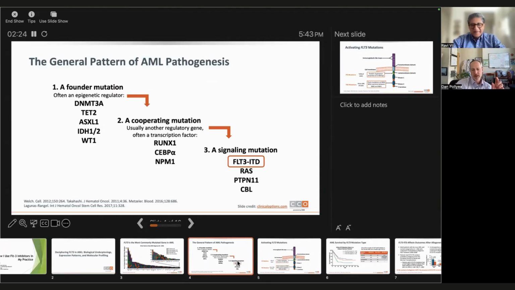And then there's another mutation that can occur in the tyrosine kinase domain of the gene. When we're talking about the ITD FLT3 mutation, we typically think that that's a late mutation, something that occurs later on in the development of the disease.